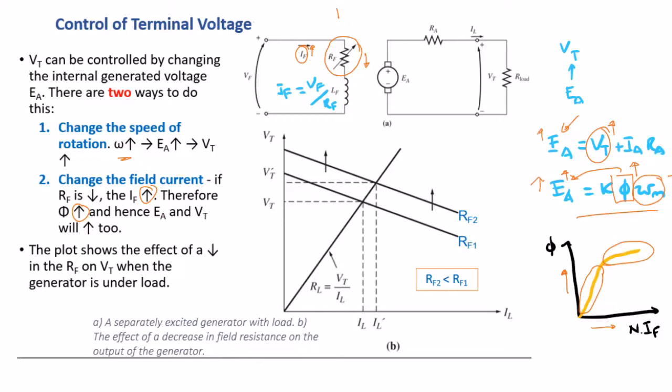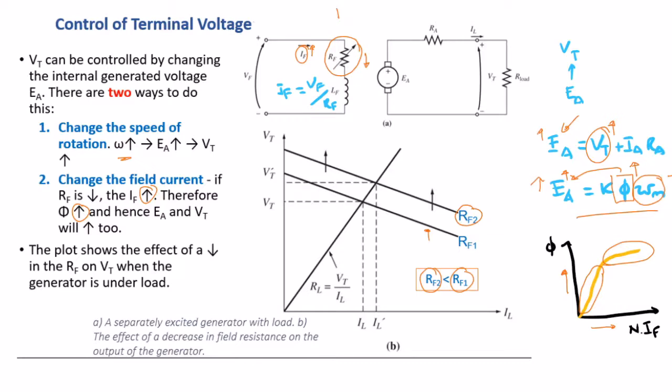The second plot here, plot B, basically shows us the effect of reducing the RF. If you look here, RF2 is less than RF1. Starting from initially, this is the output, the VT, how the VT changes against IL.